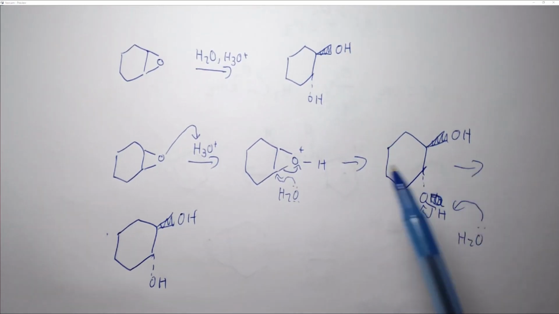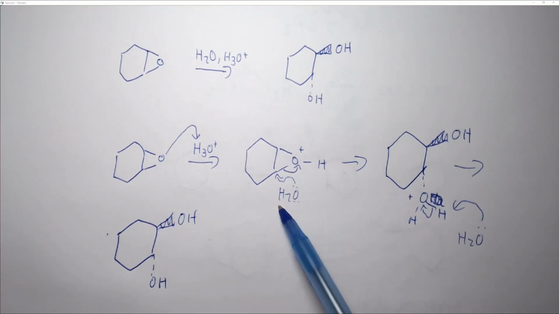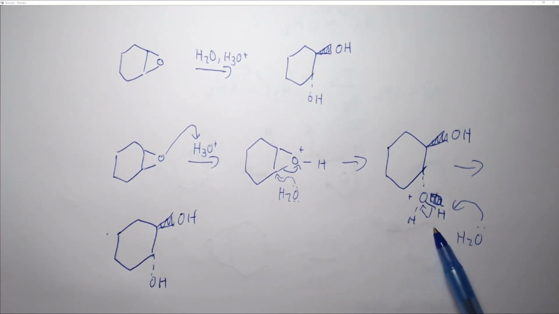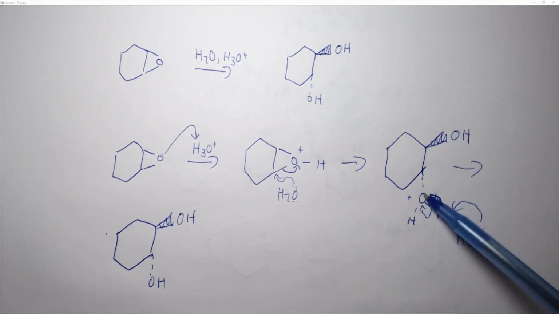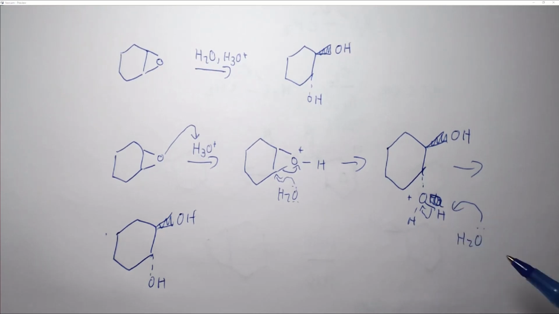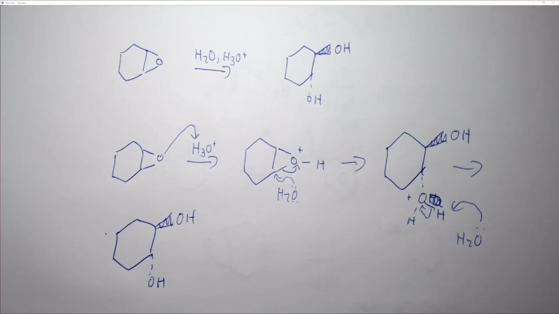This mechanism starts with the protonation of oxygen. We then have attack by a nucleophile, in this case water, and then we have to deprotonate the water to make the diol. Said another way, the protonated alcohol here is very acidic, so even a weak base like water can pull off that proton. So this is the opening of an epoxide.